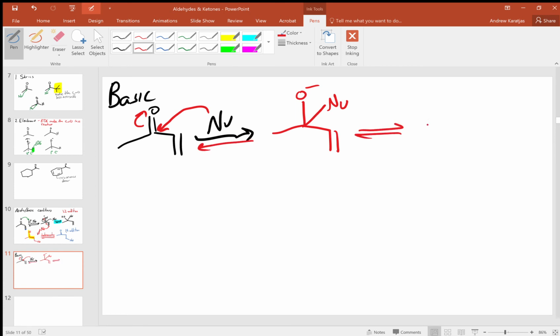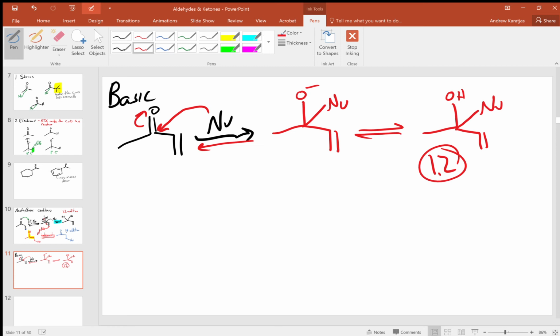And then that oxygen anion can pick up a proton to give us our product. Again, this is our 1,2 addition. And if you compare back to the 1,2 addition under acidic conditions, you'll notice it's actually the same two mechanistic steps. Nucleophile adds to the carbonyl, and oxygen picks up a proton. The only difference is that the order of those two steps is essentially reversed.